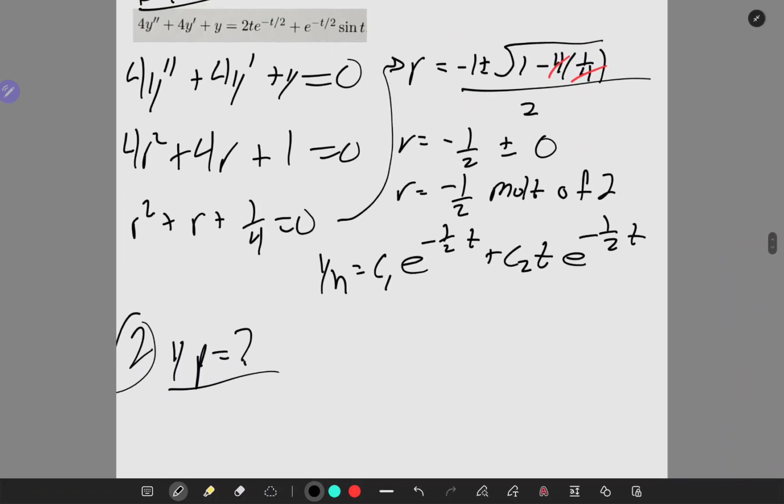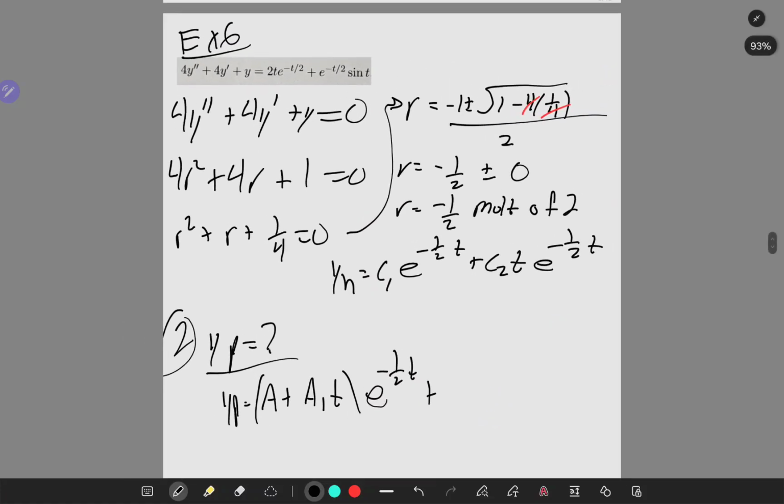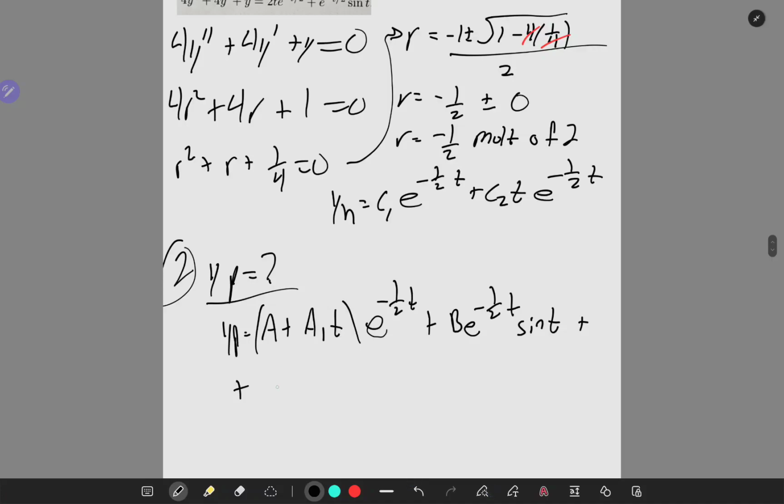Well, we have a 2t e to the minus t over 2, so that is a first degree polynomial times e to the -1/2 t, plus b e to the -1/2 t times sine of t, plus c e to the -1/2 t cosine of t.